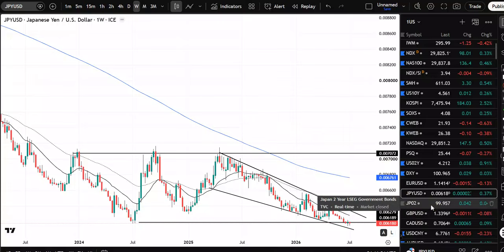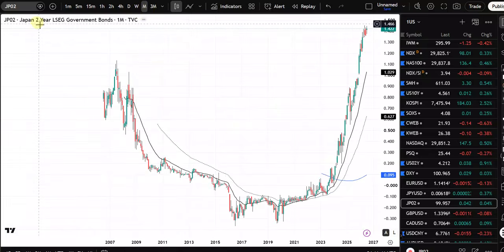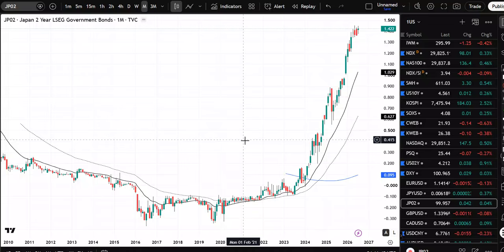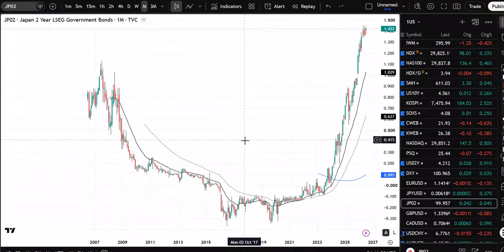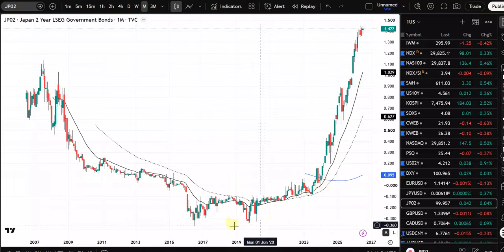Now, there's lots of things that go into what a currency is worth, interest rates, GDP, blah, blah, blah. So this is Japanese 2-year yields. So this is interest rates on a 2-year term deposit. Let's just say that. And you can see they went negative for a while. They've been hanging around zero. So why would you invest in Japan?